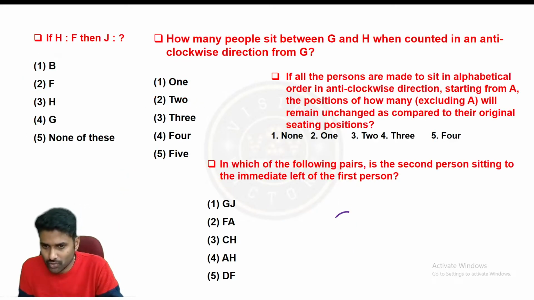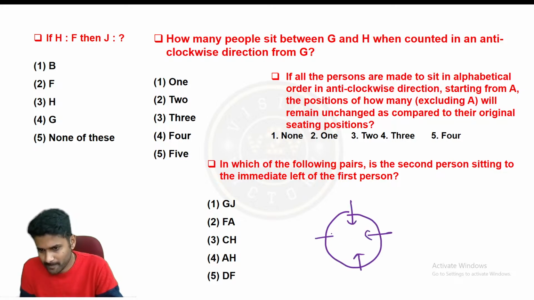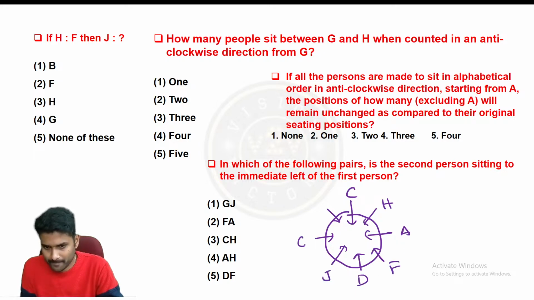Now, just go through all these questions. See this question: H as F, J as H as F. Then we are talking about J. Guys, if you observe, it's the left side.